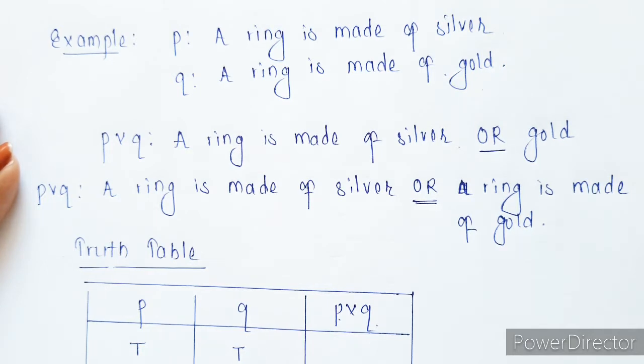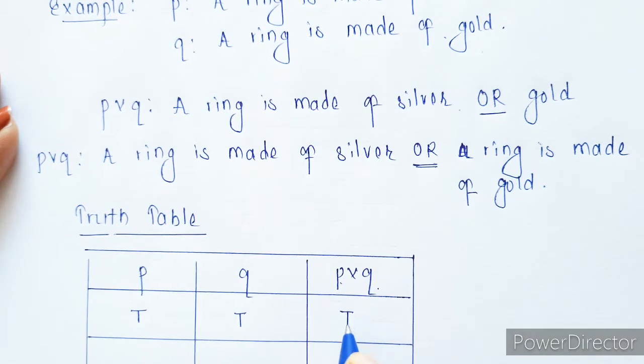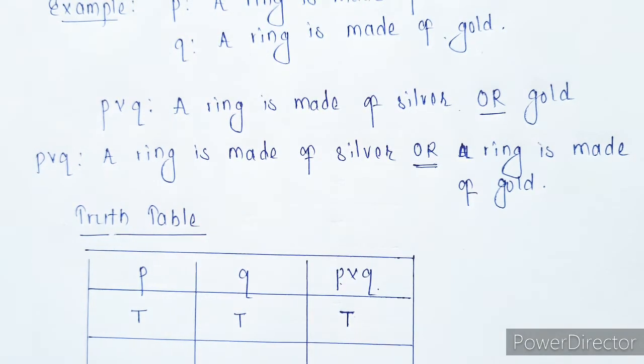Now when I say a ring is made of silver or a ring is made of gold, now since both the statements are true, its disjunction is also true because we have a ring which is made of gold as well as we have another ring which is made of silver. And what we are saying is a ring is made of gold or silver.